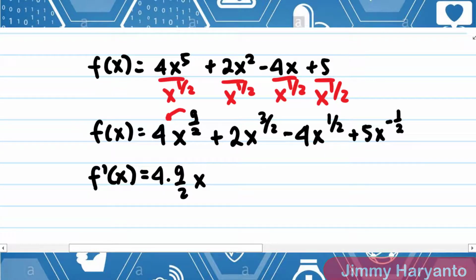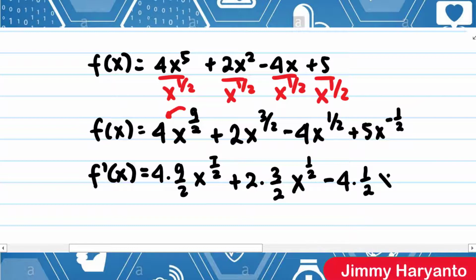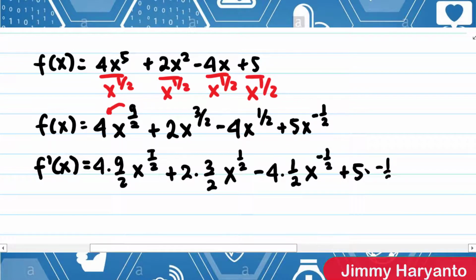9 over 2 minus 2 over 2, 7 over 2, plus 2 times 2 over 2. Move the powers to the front and then minus the powers. Half minus 4 times, move the powers to the front and minus the powers, then plus 5 times that half, move the powers to the front and then minus the powers.